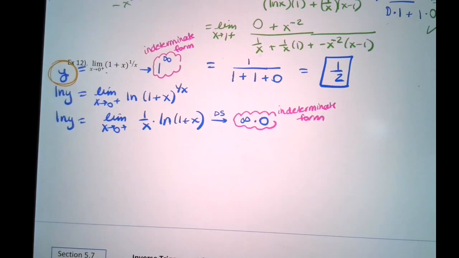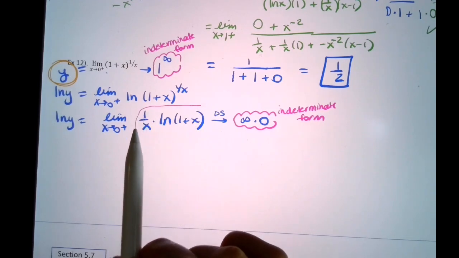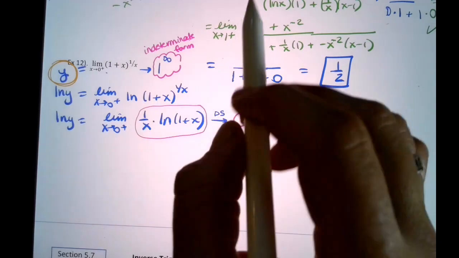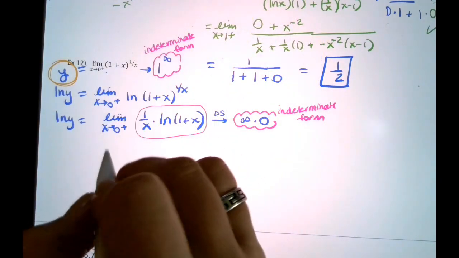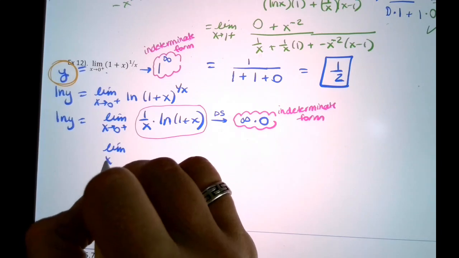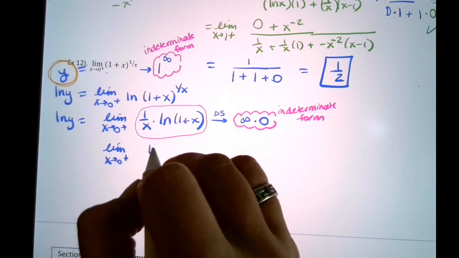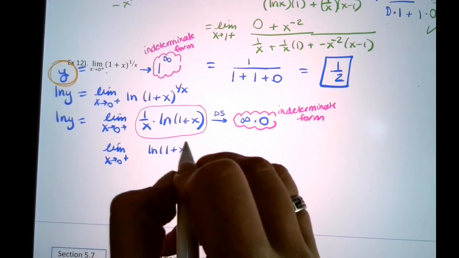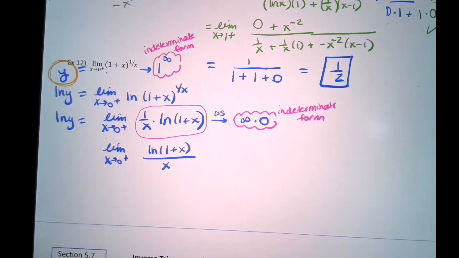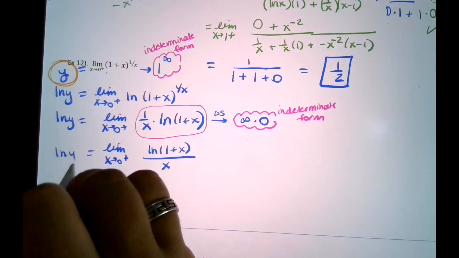Nobody knows the answer, but I cannot use L'Hopital's rule yet. What I need to do is force this expression to be rational. I need this to be rational. And it doesn't take as much craftiness as it did in the last problem. It kind of is rational. I really just have the natural log function and x is in the denominator. That's a legal way to write that expression.